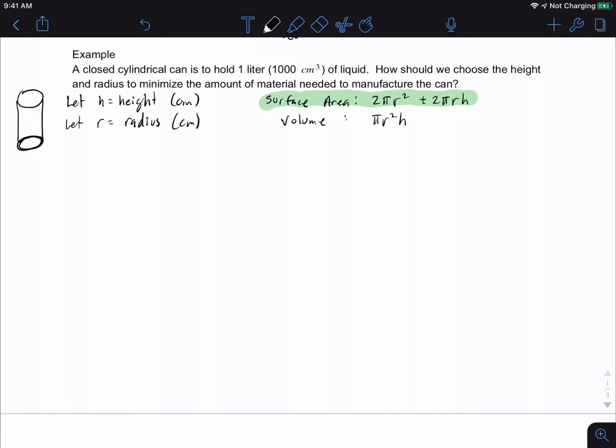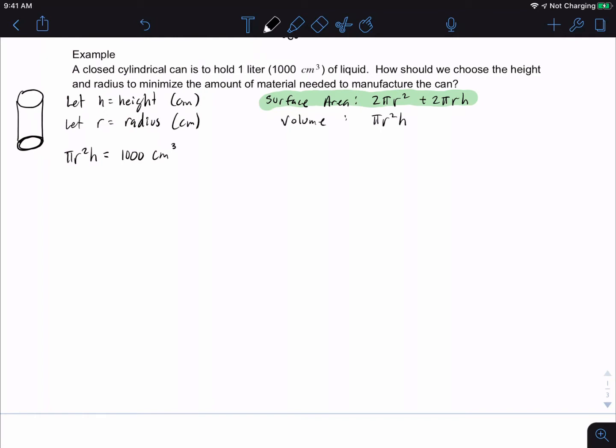Okay, cool. Now, we do have some information in terms of volume. So we know that pi r squared h is supposed to equal 1,000 centimeters cubed, and that's given to us by the 1 liter of liquid being held.